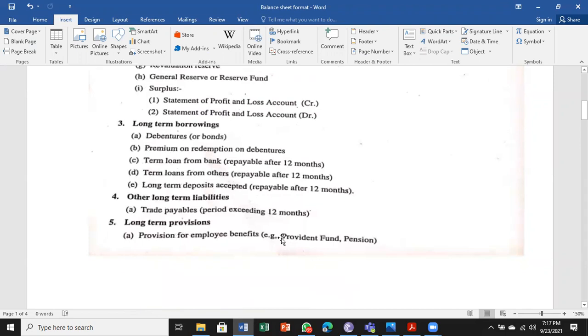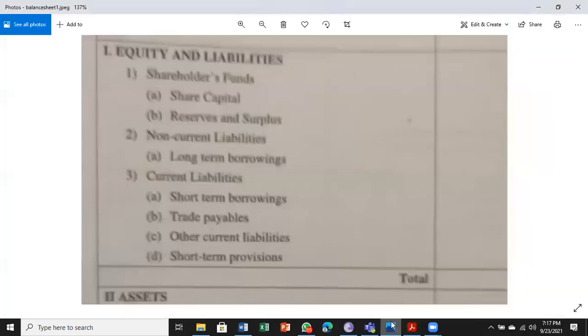Then the third part is called long-term borrowings. Long-term borrowings come under the heading called non-current liabilities. You can see here, long-term borrowings come under the heading non-current liability. What is non-current? What is long-term? One and the same.